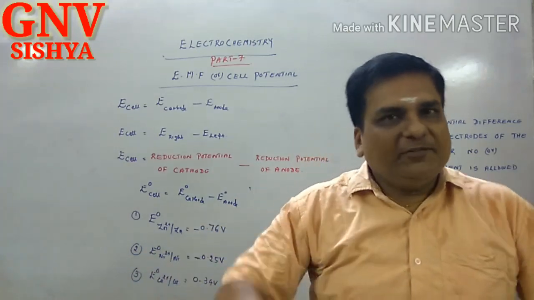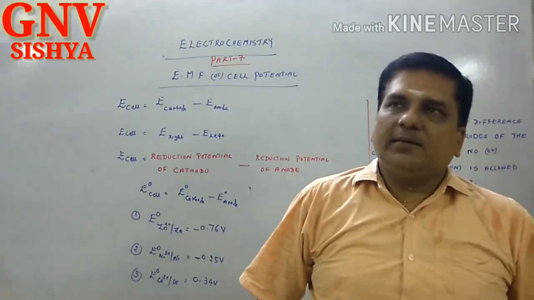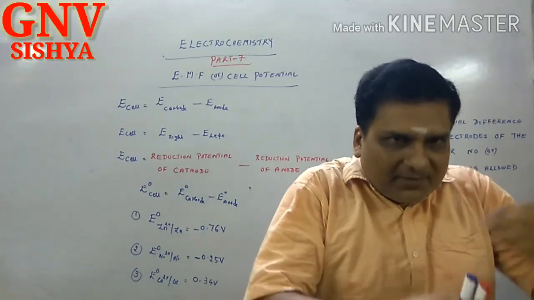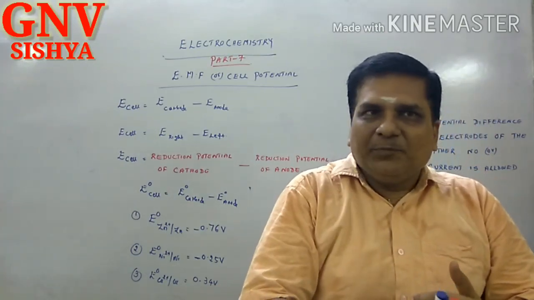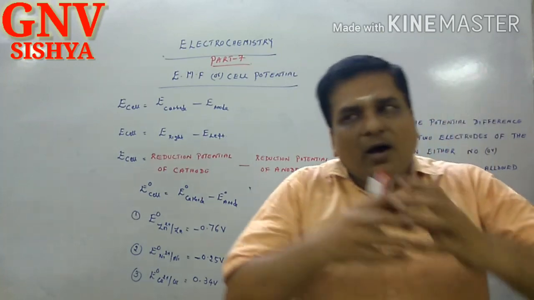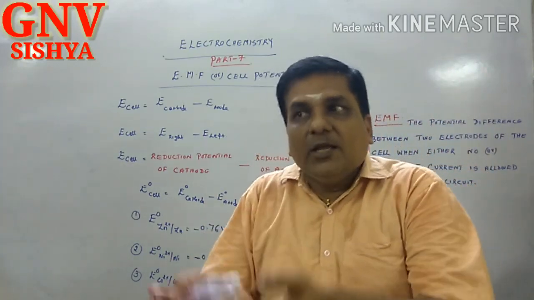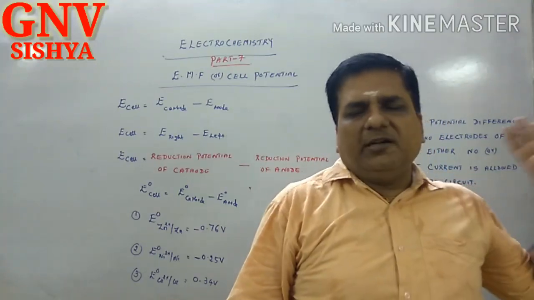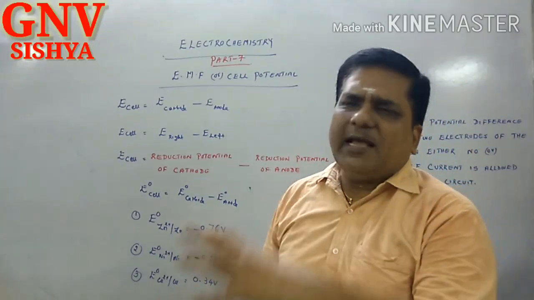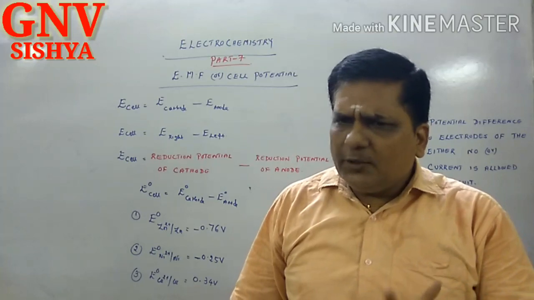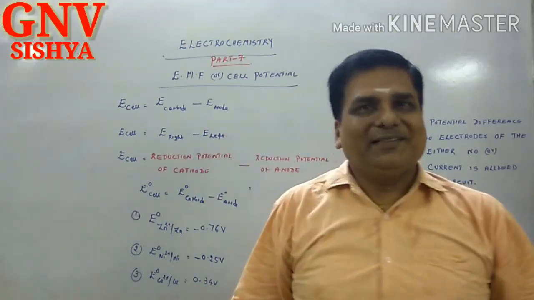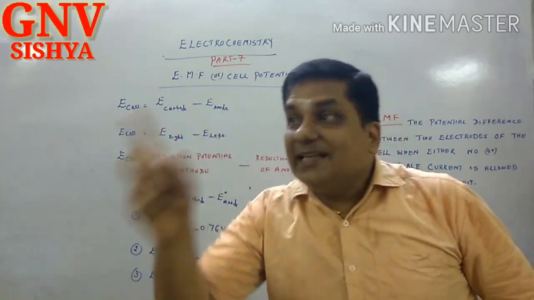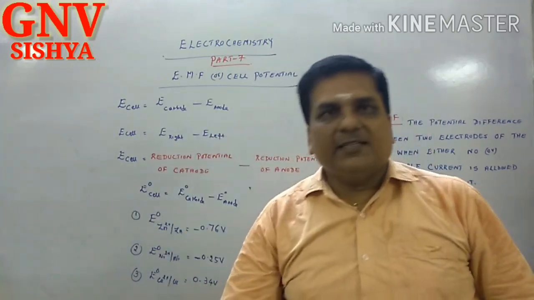EMF. If there is no difference, for example, why do you go to school? Why do you come to the institute? You have some gradient. You lack something at school or somewhere else. Imagine all of you are extraordinarily knowledgeable in physics, chemistry, math, biology, English, etc. Then you have no necessity to go anywhere. We go to a particular place because of the gradient, because of the difference.